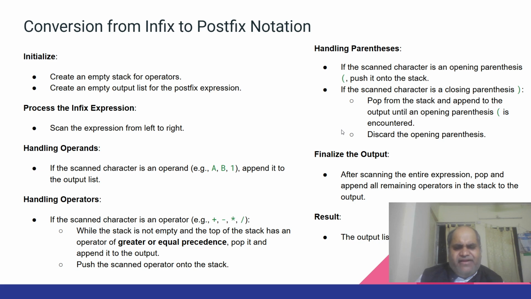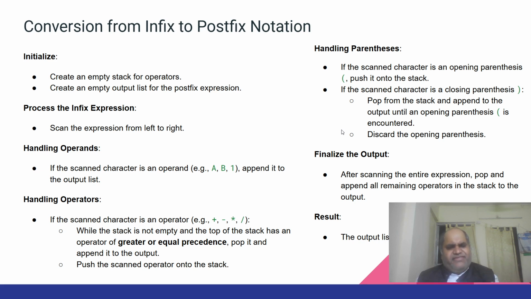You might have noted that on our stack our operands are not pushed. It's just that we are using a stack for operators to get them in order. So whenever you are going to pop, you are going to pop items as per only these two criteria, right.